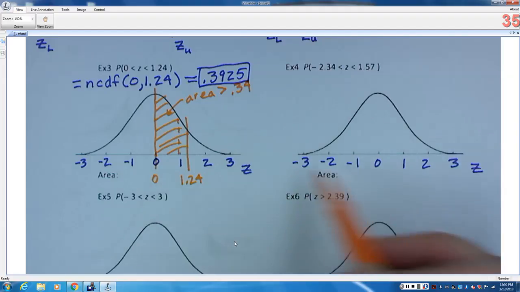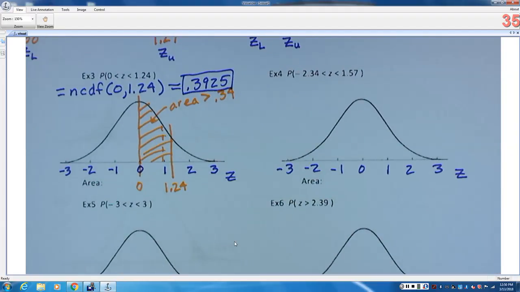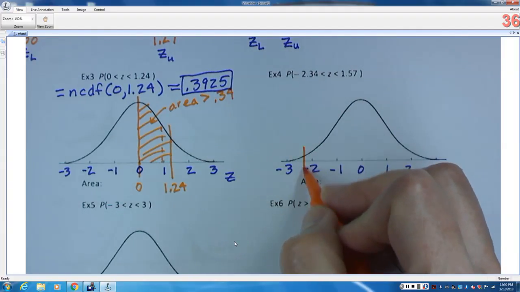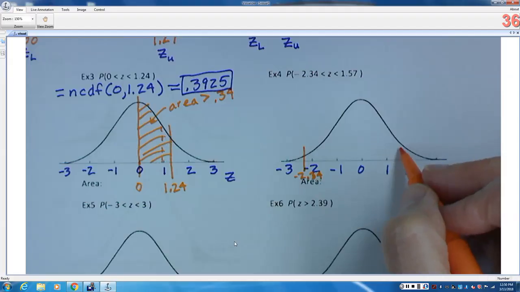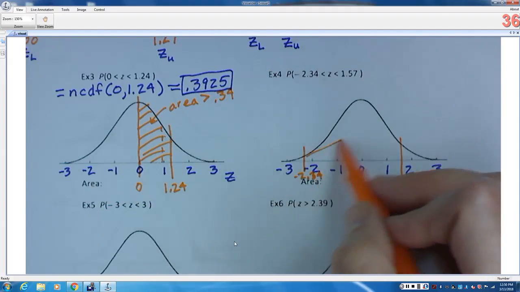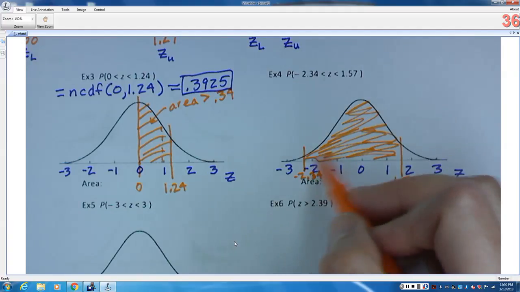Horizontal axis always looks like this, about 3 marks each way. All right, from minus 2.34 to 1.57, and then you shade all of this. Okay?